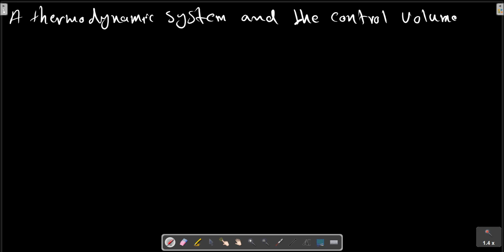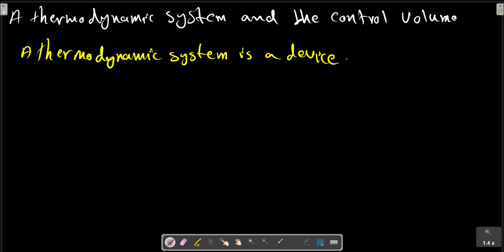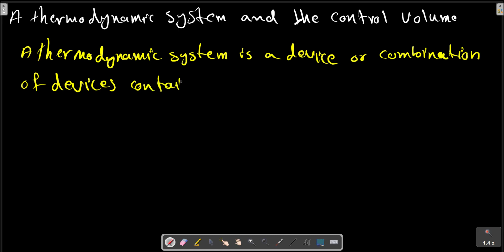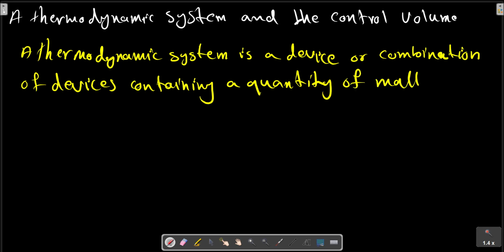A thermodynamic system is a device or combination of devices containing a quantity of matter that is being studied.